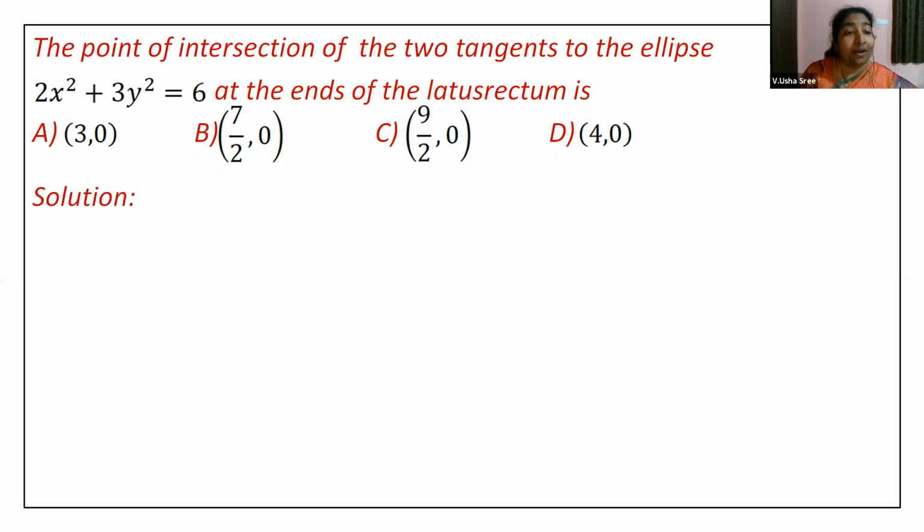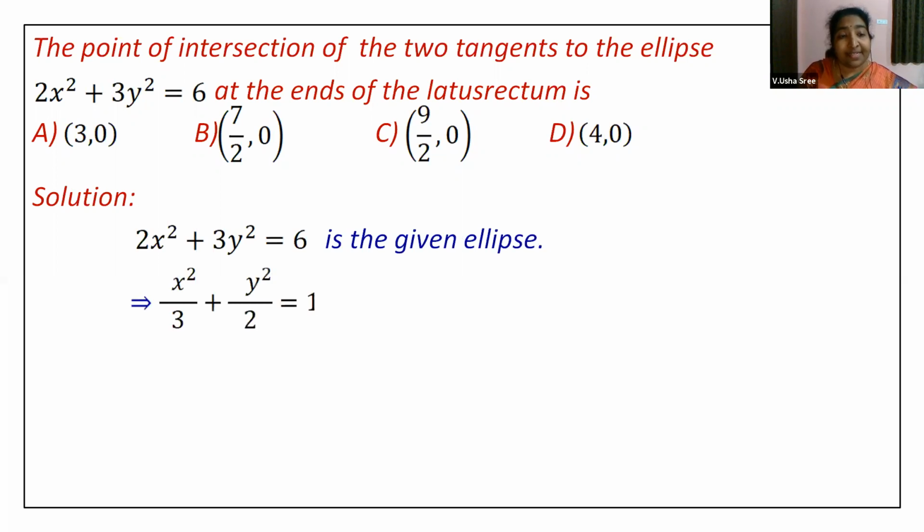Now, you are given an ellipse equation 2x square plus 3y square equal to 6. Then you can very well write it in the standard form as x square by 3 plus y square by 2 equal to 1. Okay, then a square and b square we can write as 3 and 2.